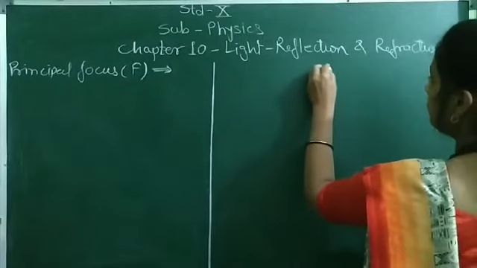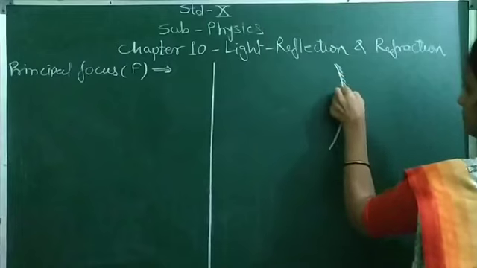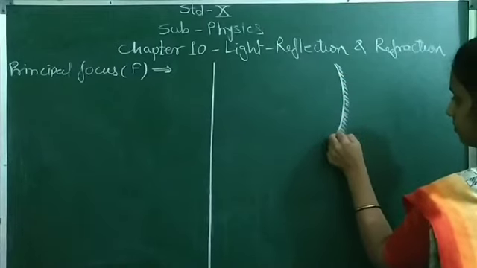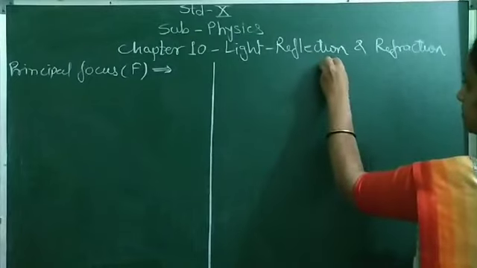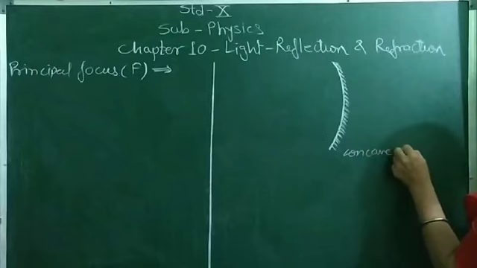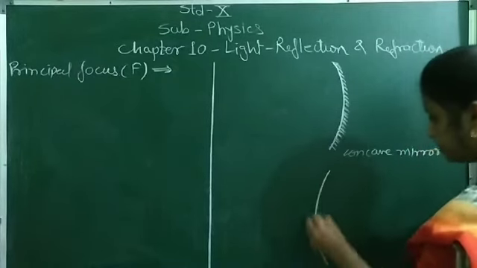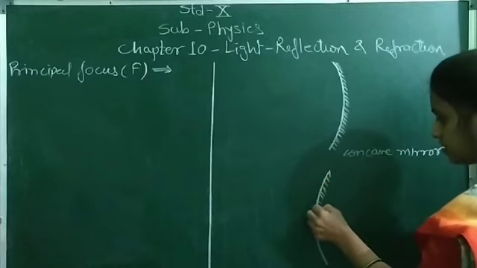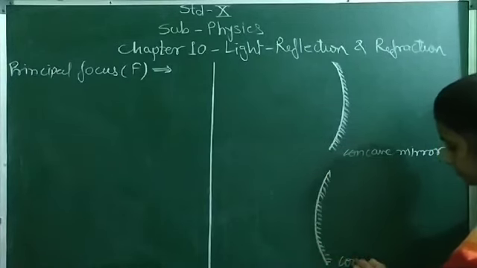Now for the concave mirror, this is the non-reflecting surface and this is the reflecting surface. For the convex mirror, this is the non-reflecting surface.